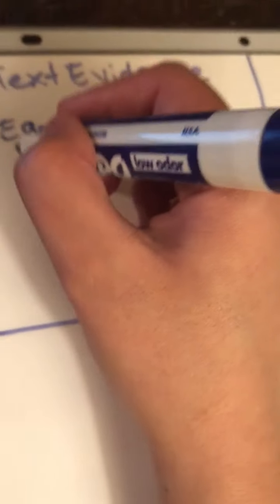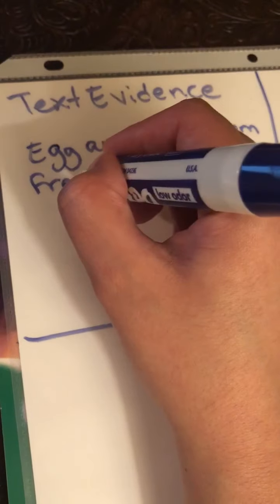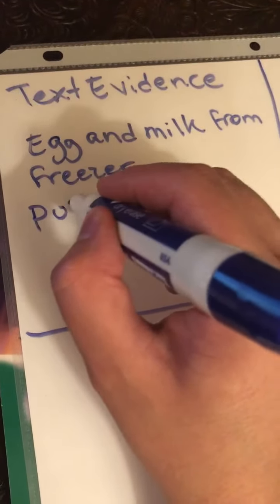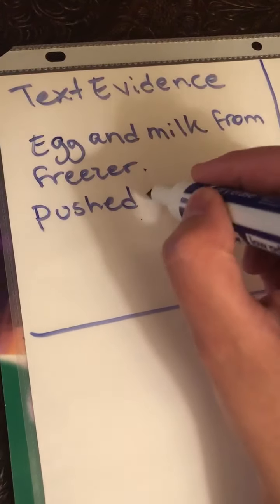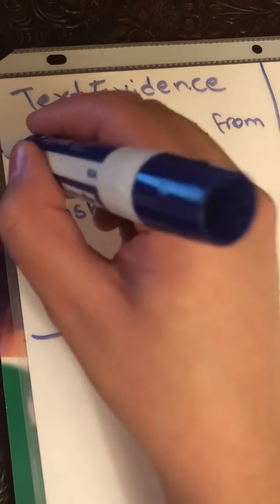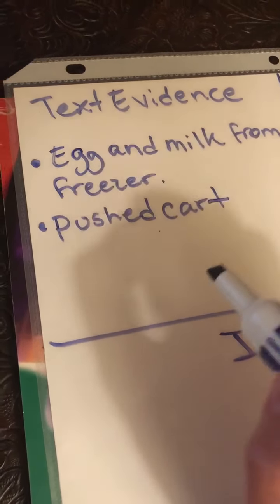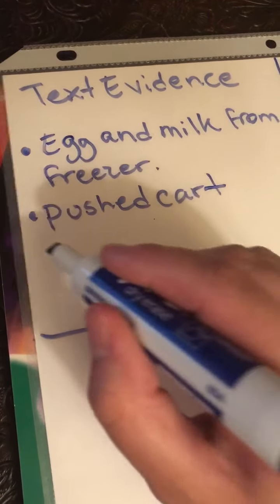From where? From the freezer. She pushed a cart. I'm going to make these into bullets. She pushed a cart, and then she went through the checkout line.